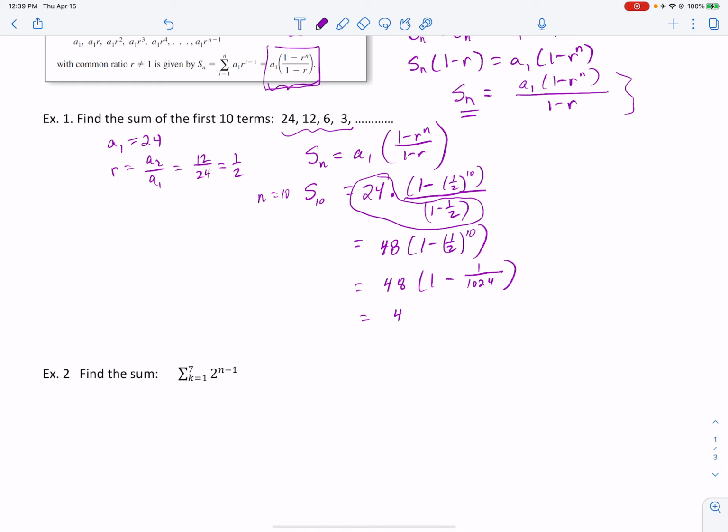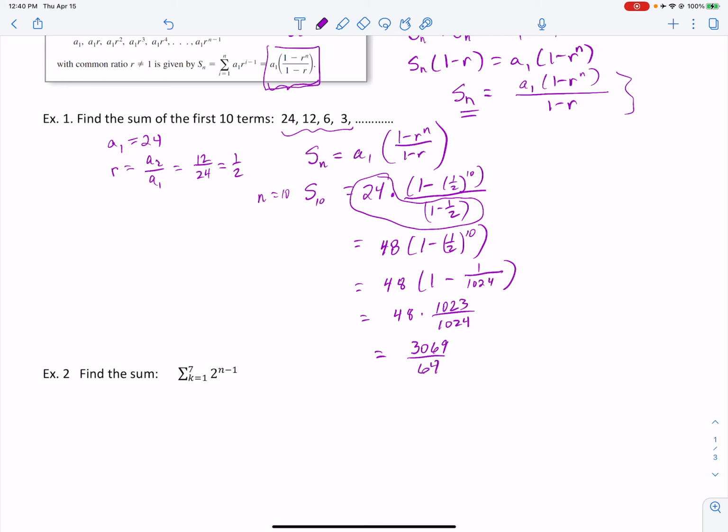And then you have 48 times 1 minus 1 over 1024, which would be 1023 over 1024. And then simplify that carefully, and it comes out to 3,069 over 64.